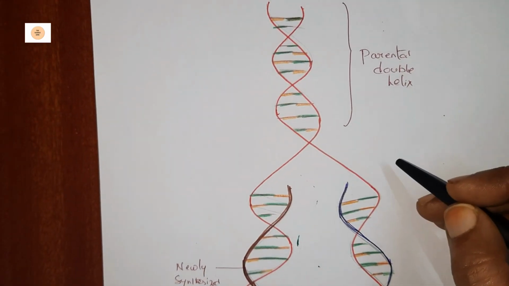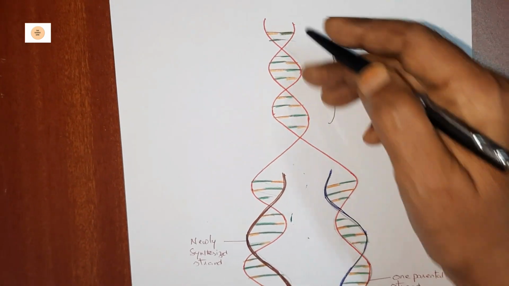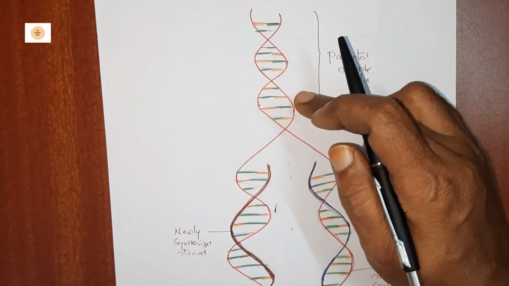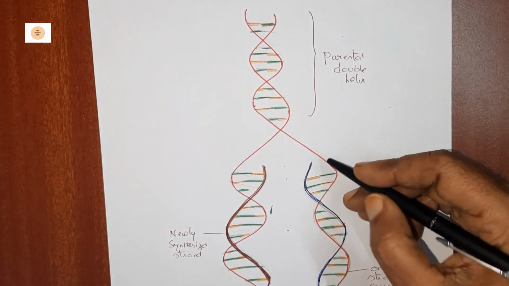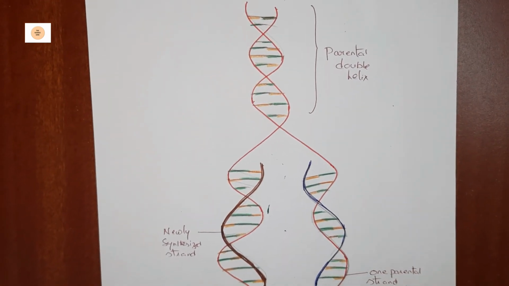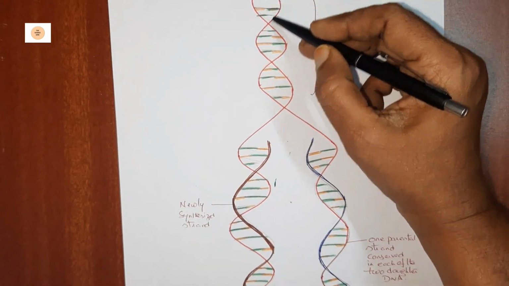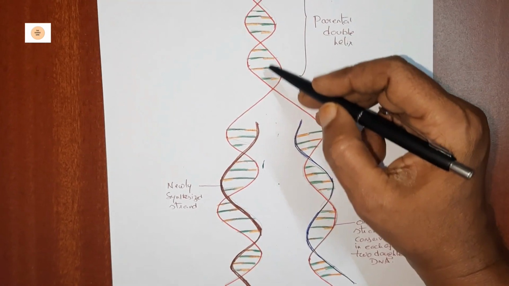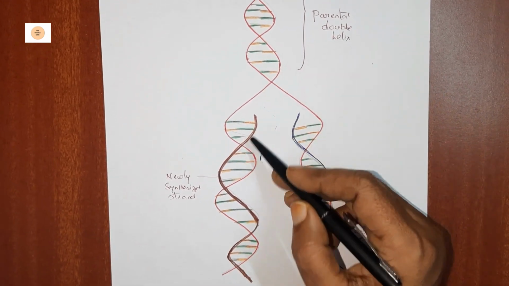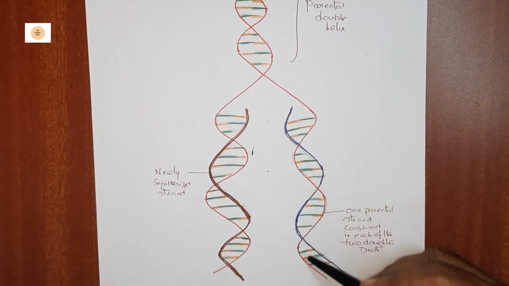This is also a figure explaining semi-conservative replication. Within the single figure, this is the parent DNA having a double helix structure, and from each strand another newly synthesized strand was formed. These two are called daughter DNAs. Here the parent strand is shown in red, the double helix DNA strands. The newly synthesized strand is shown in brown for this one and in blue for this one.